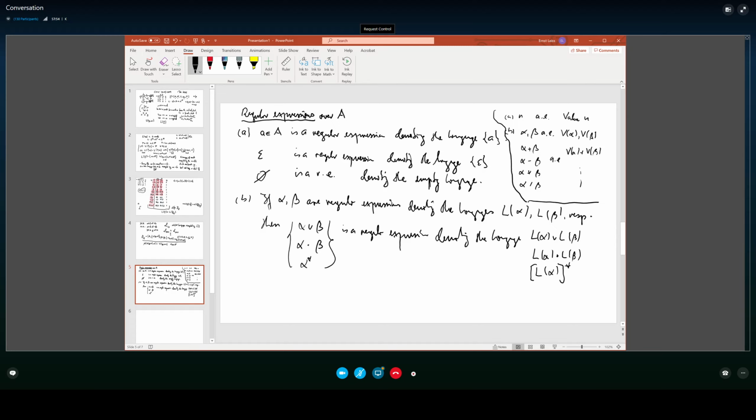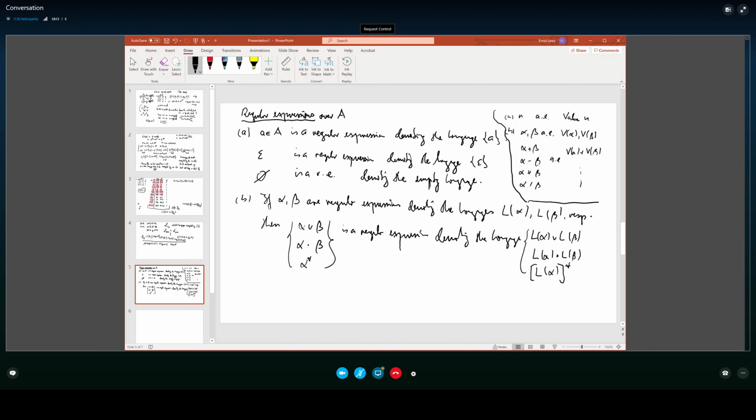So this is the definition of regular expressions. And that allows us to deal with reasonably complicated kinds of things.